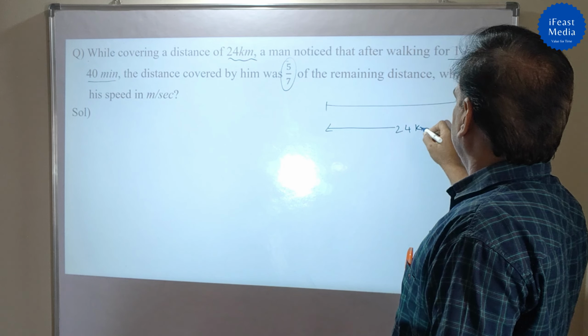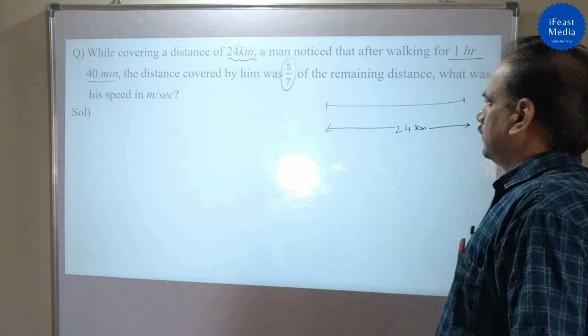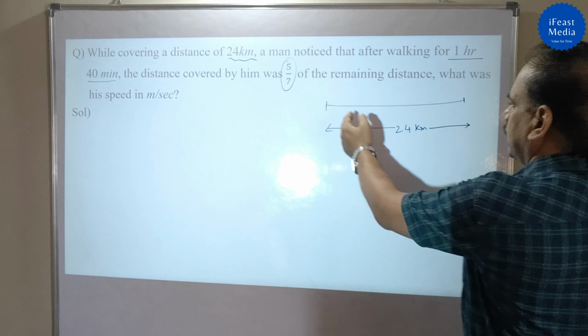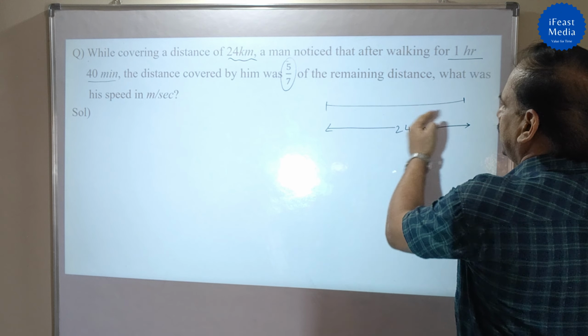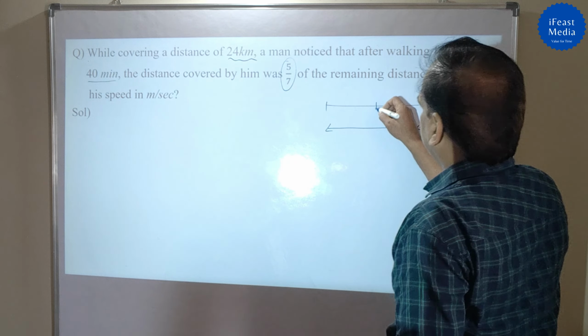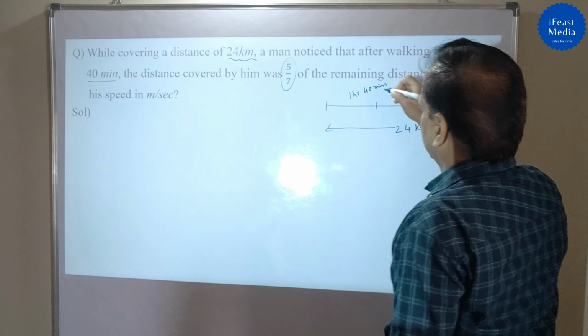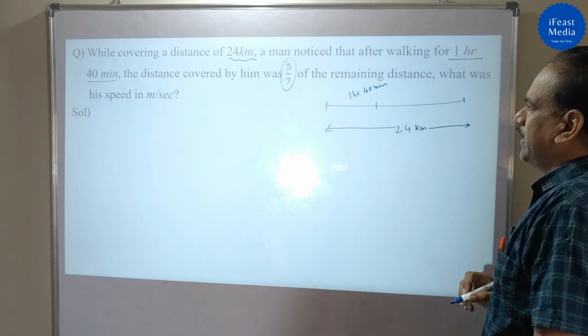It is 24 kilometers. He started from here and has to reach here. While covering this distance, he noticed that after walking 1 hour 40 minutes, the distance covered by him was 5 by 7 part of the remaining distance.